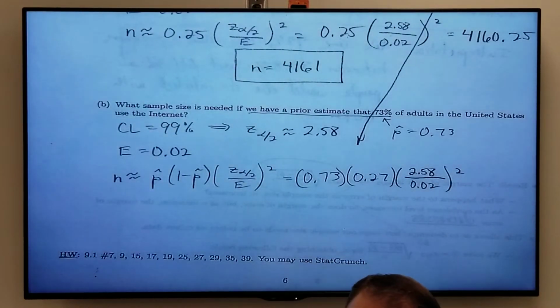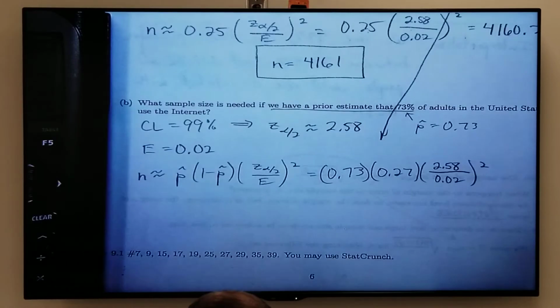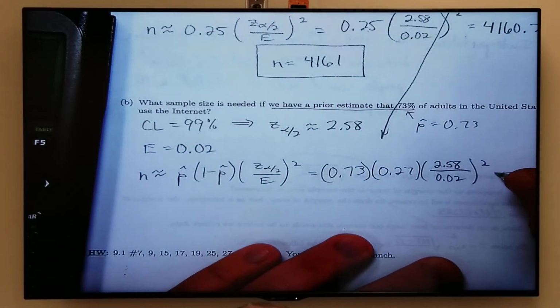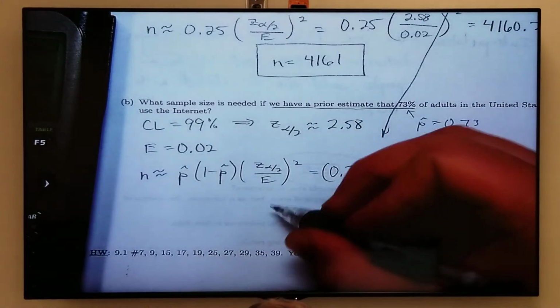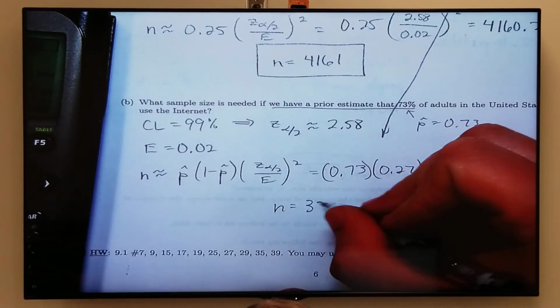Again, punch that into your calculator exactly the way it looks. I'm going to say 0.73 times 0.27 times open parentheses 2.58 divided by 0.02 close parentheses squared, and you should end up with 3,279.94. So we would say N equals 3,280.